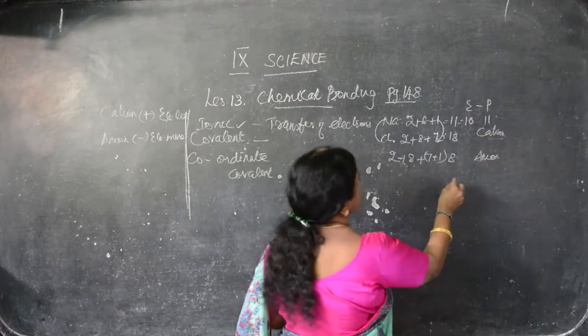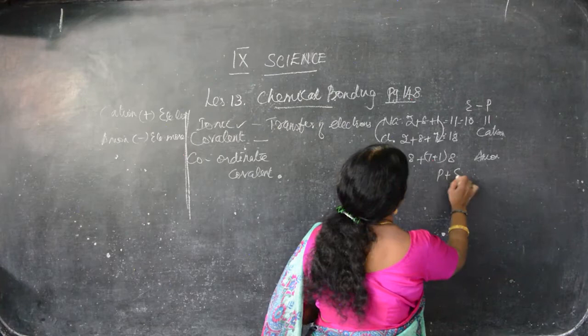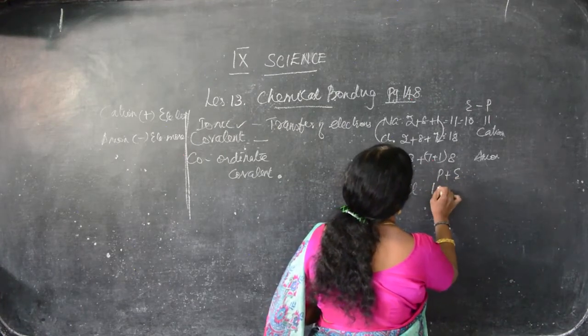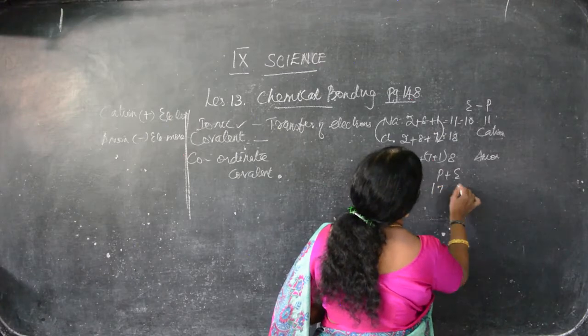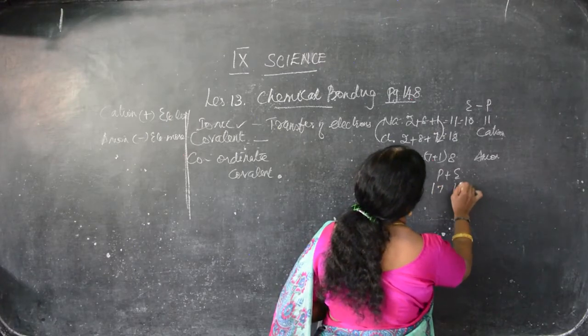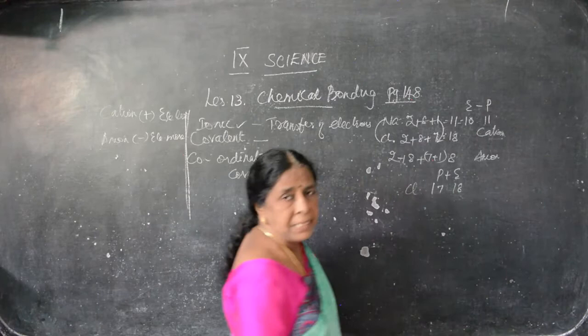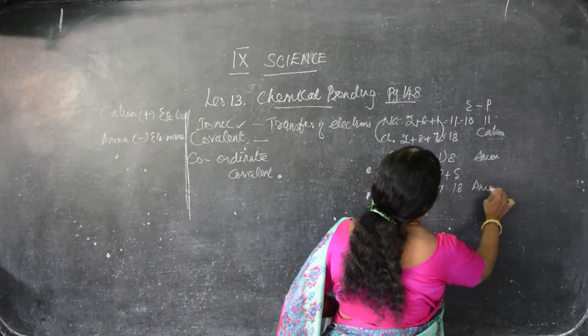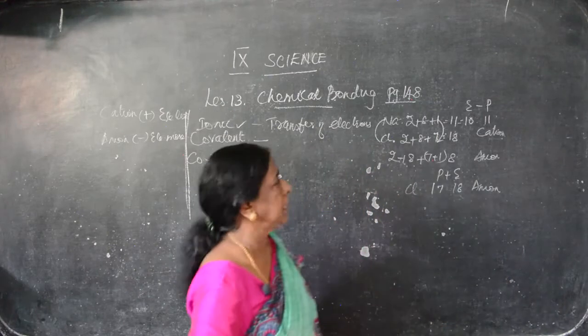Before that, chlorine had 17 protons and 17 electrons. Now electron is 18, so negative charge is more. So this is an anion. This I said already, just again I recall.